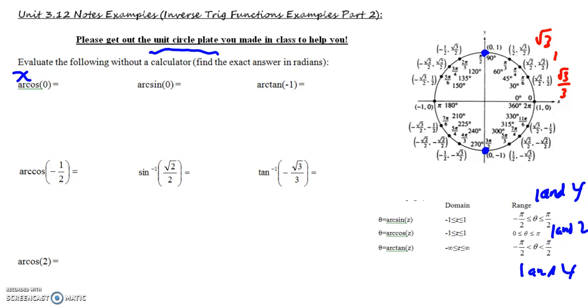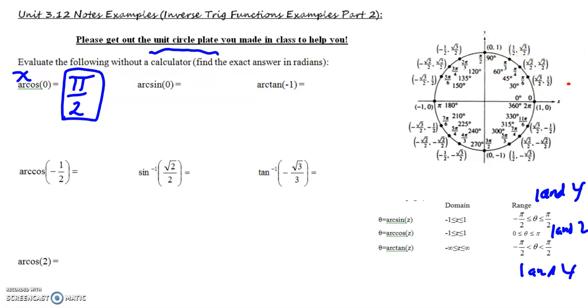Now we have two answers technically, but if we think about the restriction on the arc cosine, your answer has to be between quadrants 1 and 2. So between these two answers, this is the one that's between quadrants 1 and 2, so my answer would be, in radians, pi over 2. Let me erase the unit circle here.